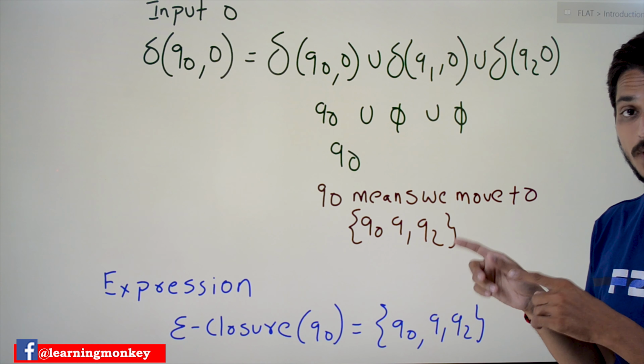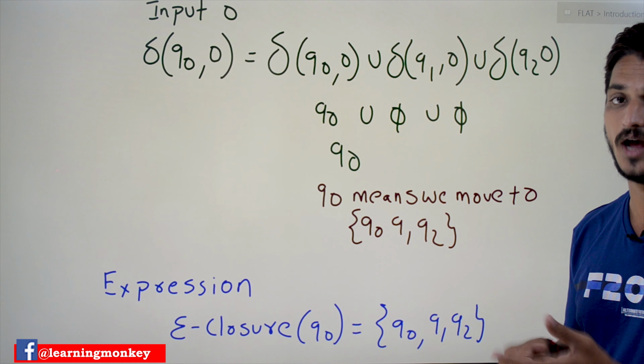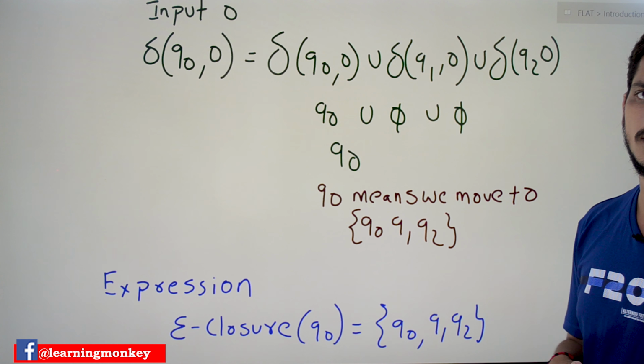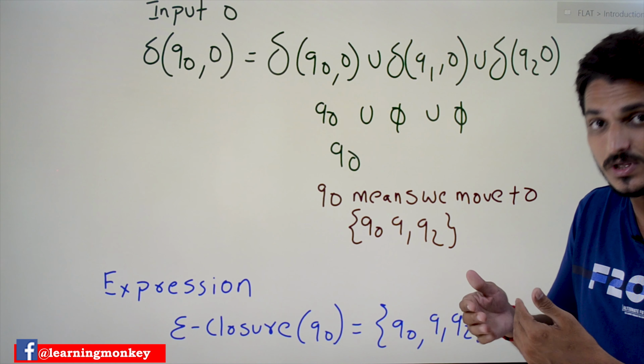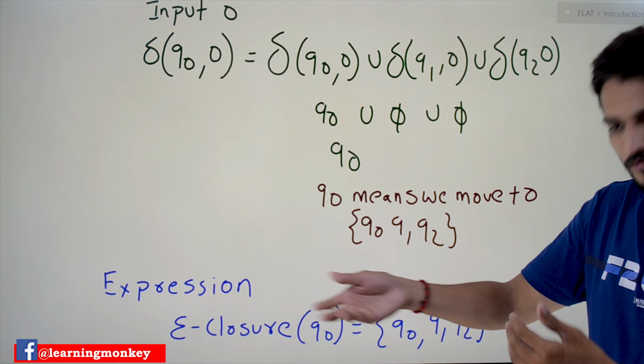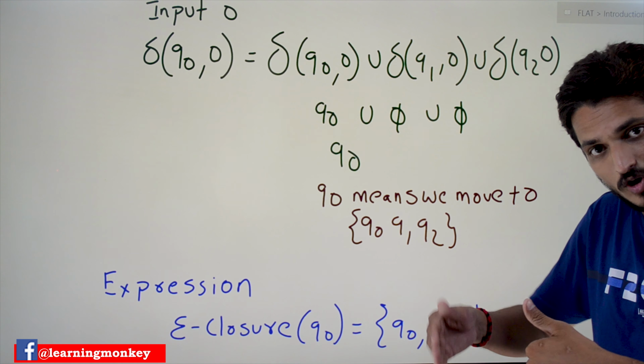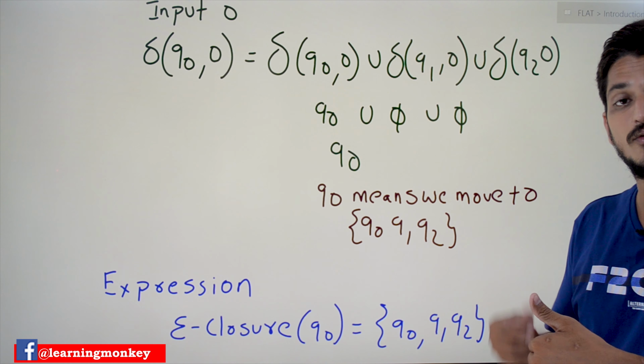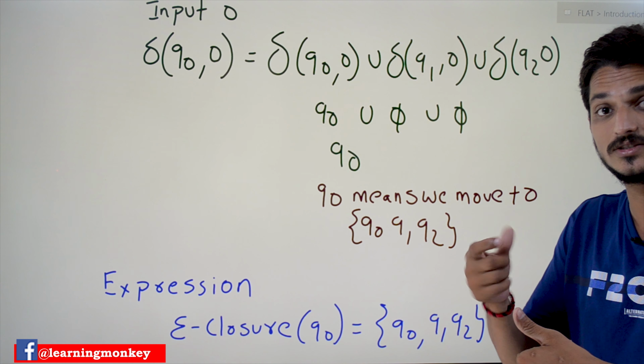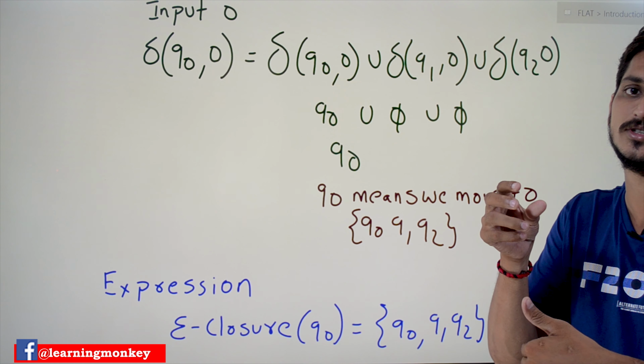This is the point many people forget. If you are in state Q0, you are also in state Q1 and state Q2 because of epsilon transitions. That is the key point of epsilon transitions.